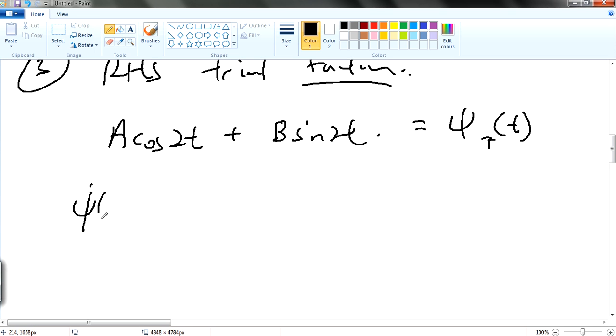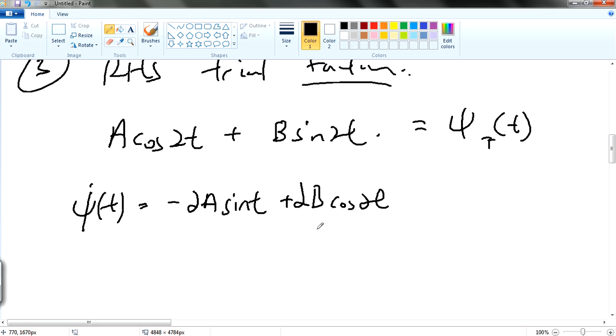So I differentiate this particular function. It will be equal to minus 2a sine 2t plus 2b cosine 2t. And then I differentiate again.